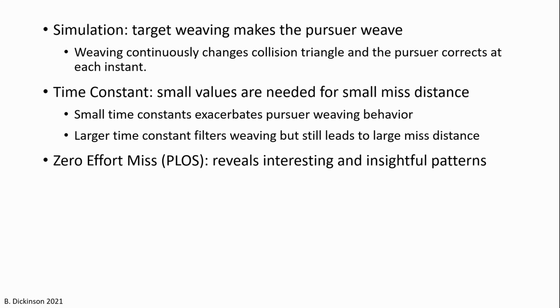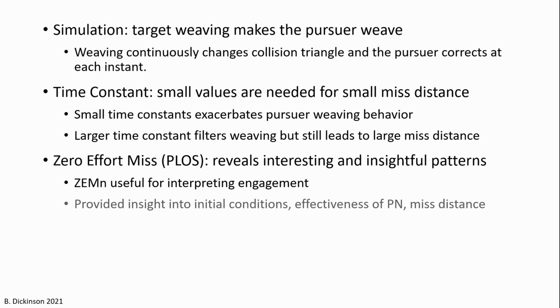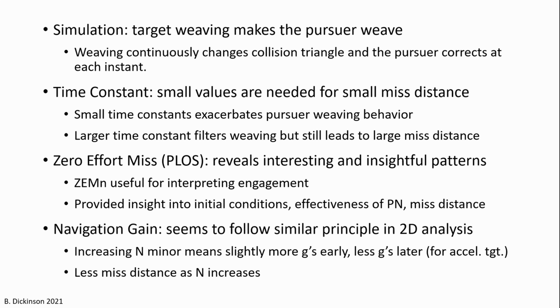Plots of the zero-effort miss normal to the line of sight revealed some very interesting and beautiful patterns. We found that they were helpful for interpreting the engagement, and this included insight into the initial conditions, how Pronav was working, and ultimately at the time to intercept TF, what the miss distance resulted in. As we increased the navigation gain, the results seemed to follow a similar principle in 2D analysis for the constant accelerating target.